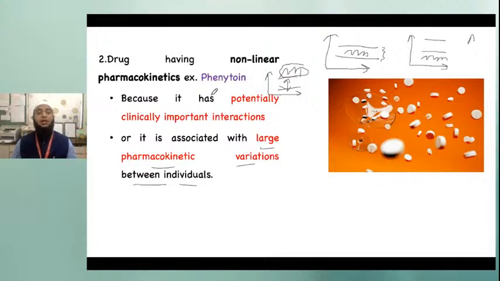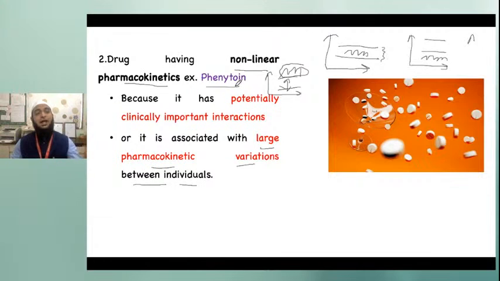Why is it happening? Because it is associated with large pharmacokinetic variation between individual patients. So these are all reasons why drugs with non-linear pharmacokinetics need to be monitored by therapeutic drug monitoring. We have seen just one example, but likewise many examples are there.